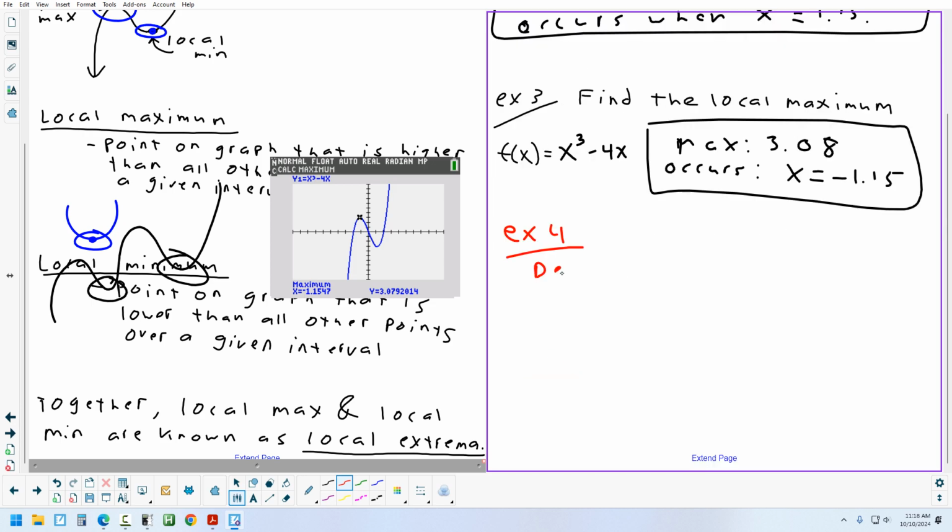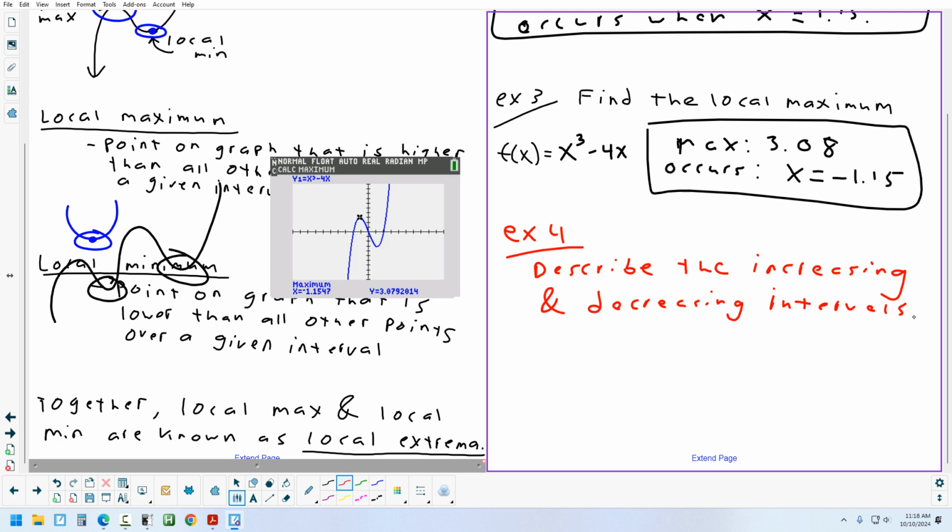Describe the increasing and decreasing intervals. And to describe an interval, you always use the x value. Okay.